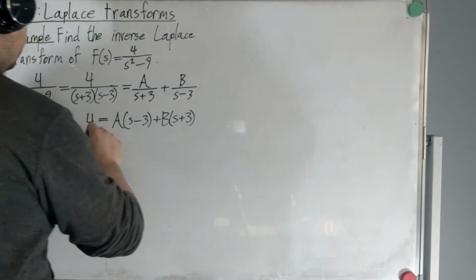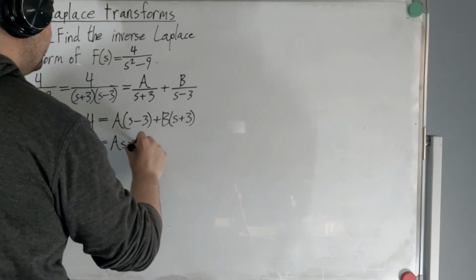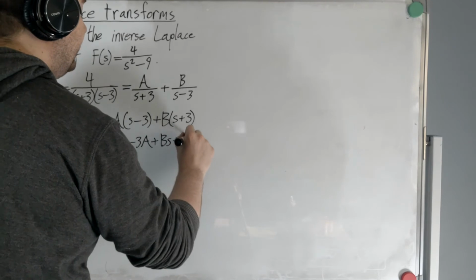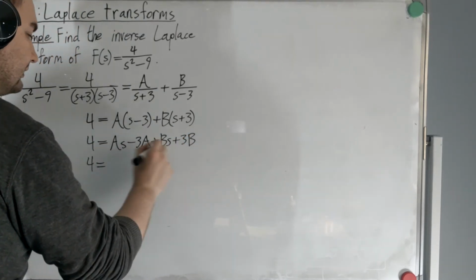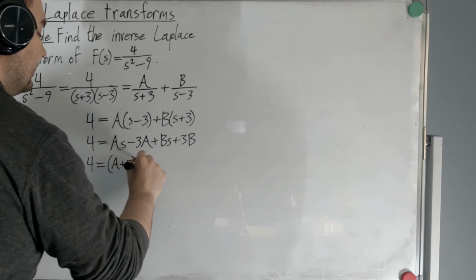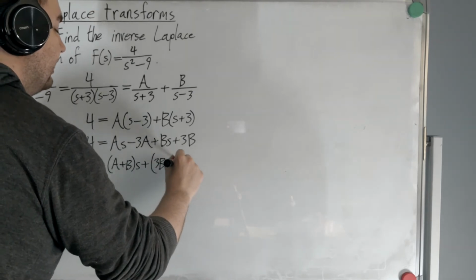You distribute, you get 4 equals As minus 3A plus Bs plus 3B. Combine like terms in powers of s, and we have A plus B times s plus 3B minus 3A.